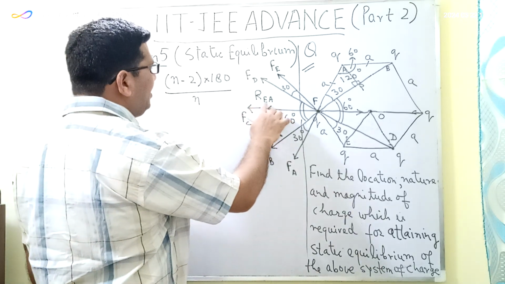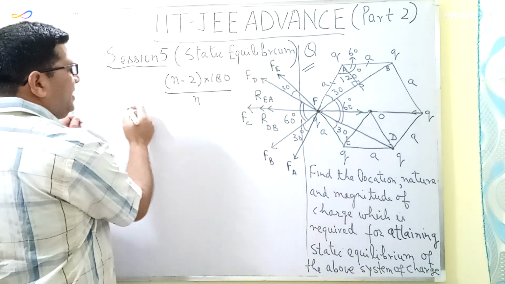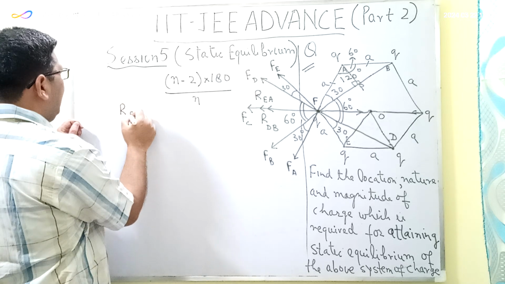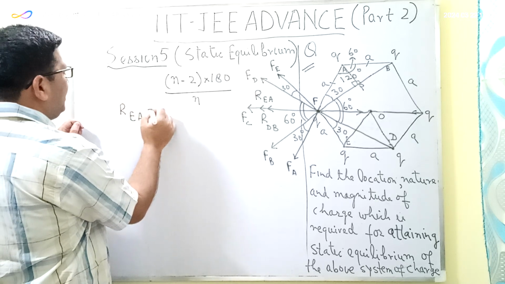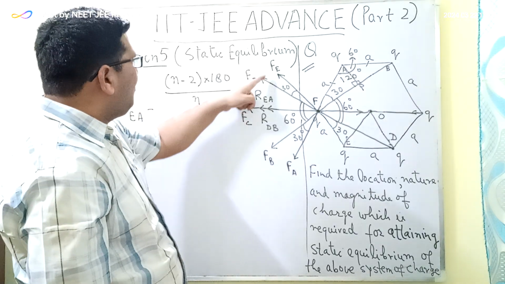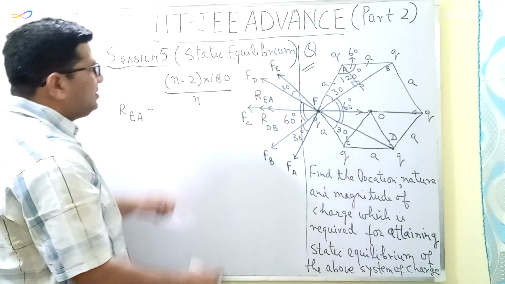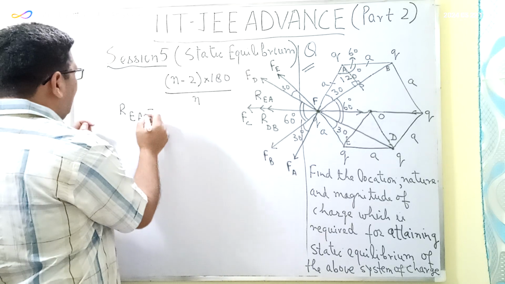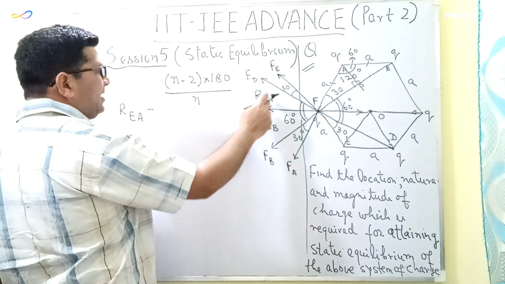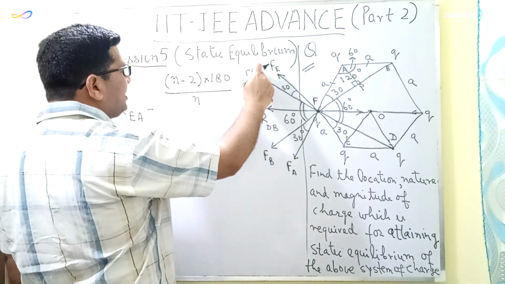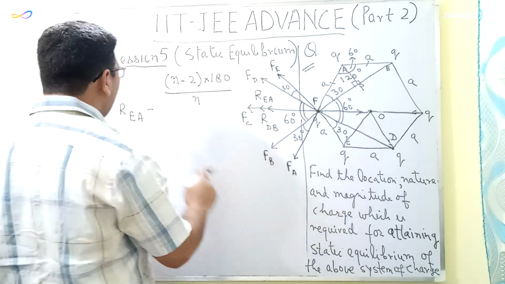Now I have denoted this R. Now what is REA? REA is basically the resultant of FE and FA. And so I have denoted it as REA, and RDB is the resultant of this FD and FB.